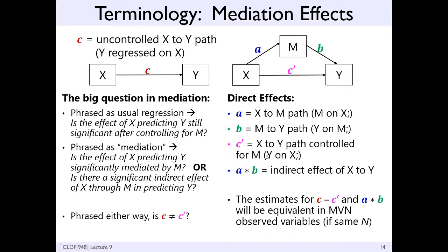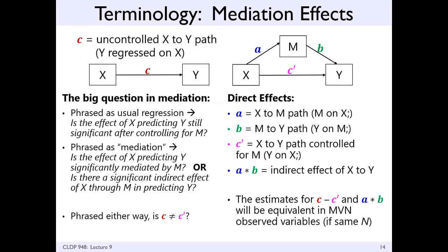So a long time ago, somebody figured out that the difference between C and C prime is algebraically equivalent to the test of whether A times B is different than 0. So nowadays, when people want to talk about mediation, it is almost always done in this A times B way, which is known as an indirect effect.